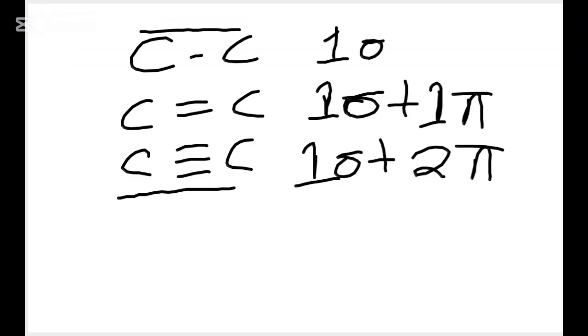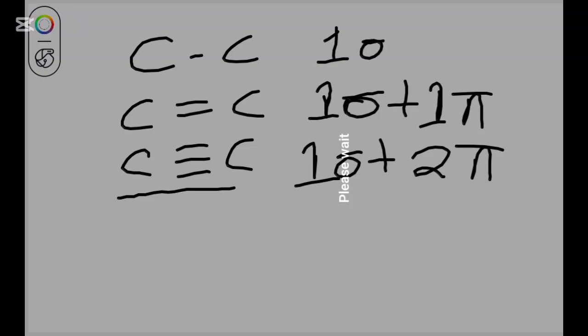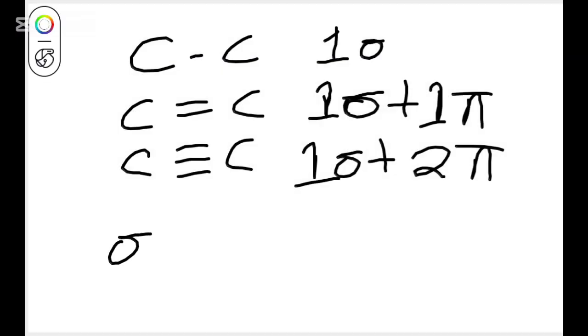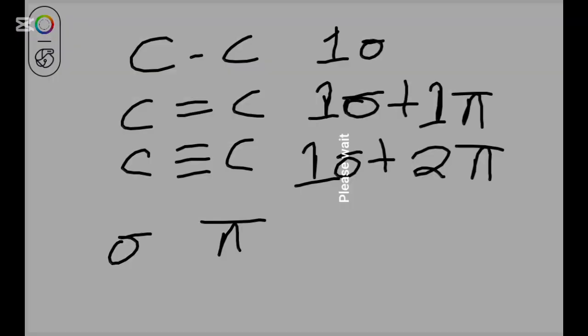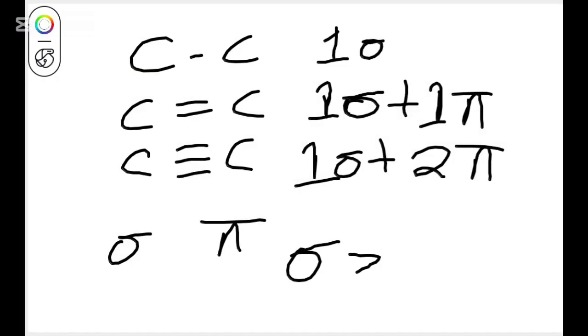There is one thing that I want to ask you. Between sigma bond and pi bond, which one is strongest? You have to take note that the sigma bond is stronger than the pi bond. Why? Because you are comparing three bonds as opposed to one. So these two sigma bonds, let's assume they are equal.